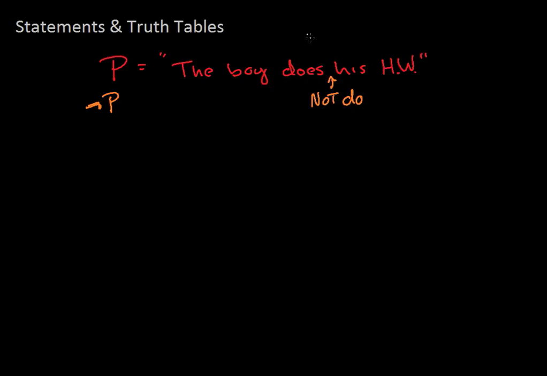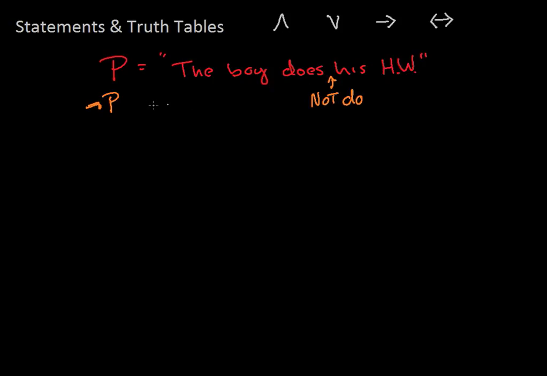So statements can be compared using operators, and there are 4 operators. There's the and symbol, the or symbol, the implication symbol, and the if and only if symbol.